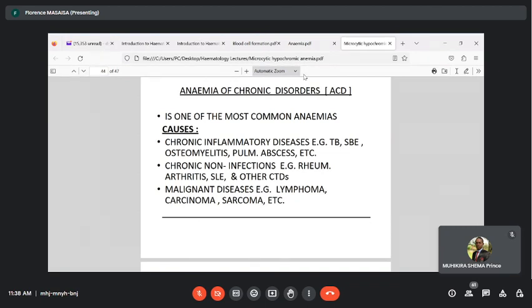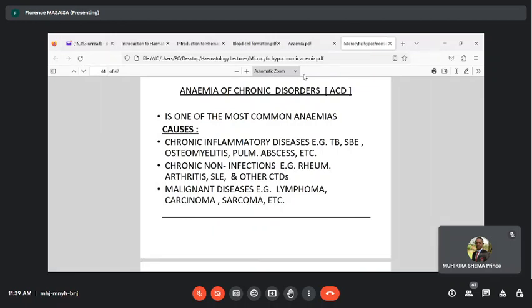Secondly, in case of inflammation, there will be increased production of hepcidin in the liver. Hepcidin normally acts on the storage sites of iron, for example, in the hepatocyte and the duodenal enterocyte, where there is another molecule called ferroportin. Ferroportin normally takes iron from the storage organ to bind to transferrin in the bloodstream.